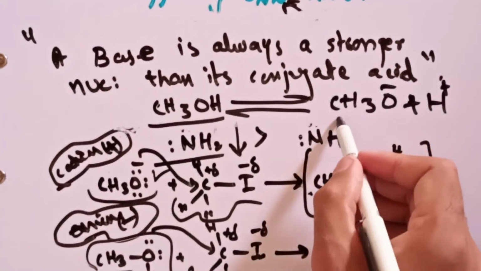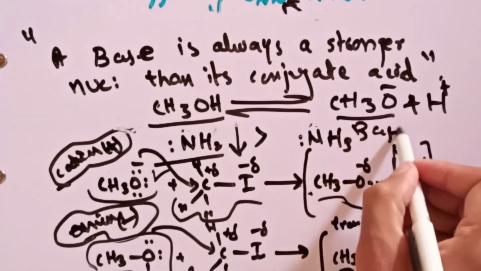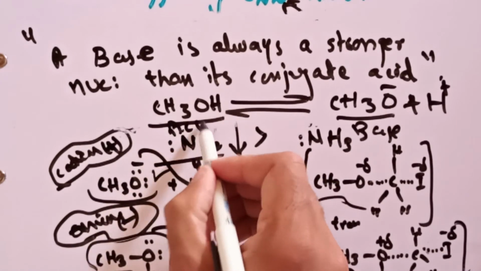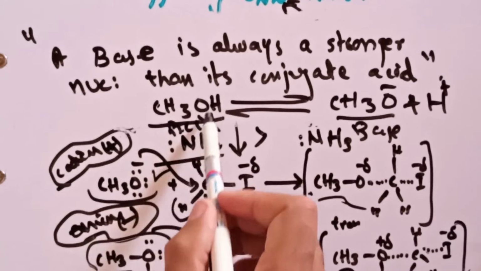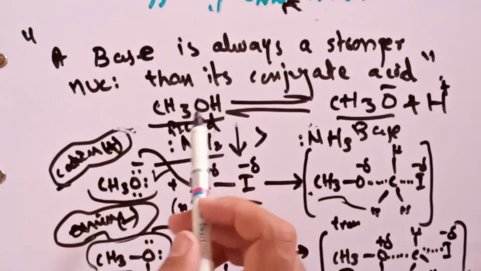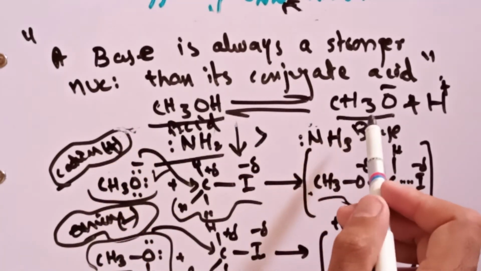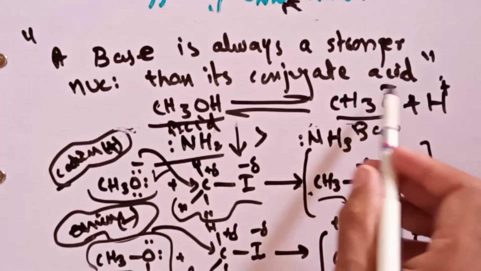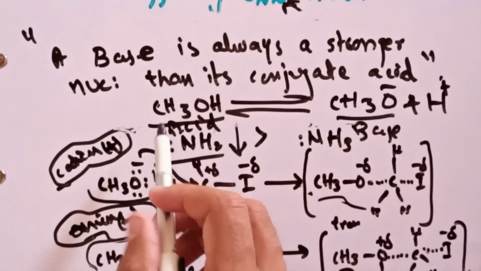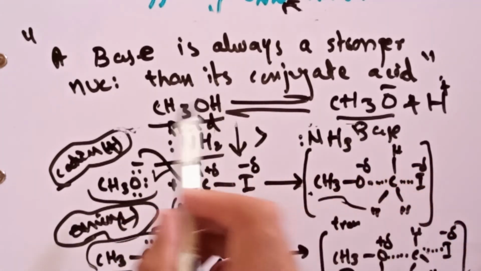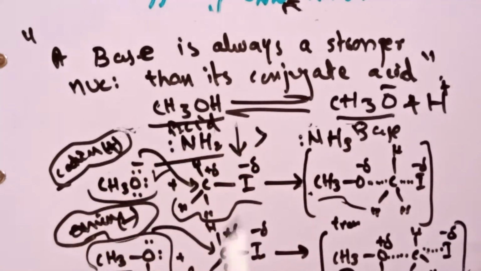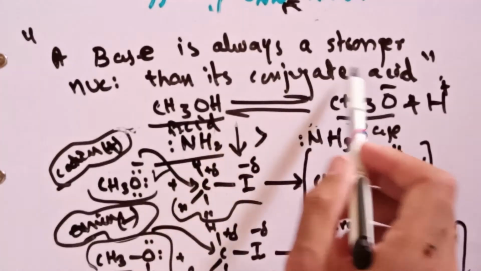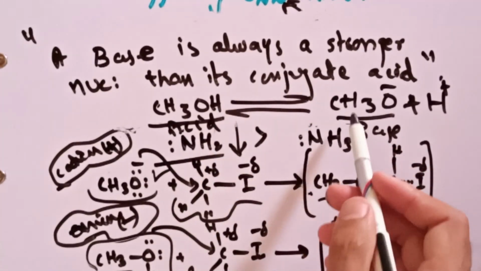These two are a conjugate acid-base pair. Methanol is the conjugate acid of methoxide ion, while methoxide ion is the conjugate base of methanol.